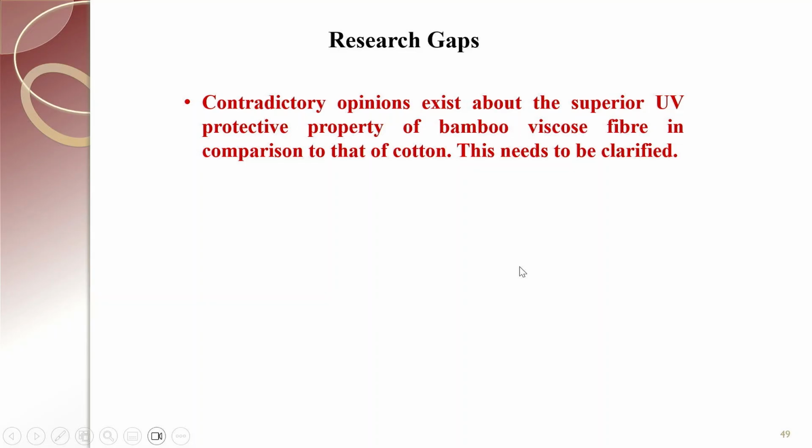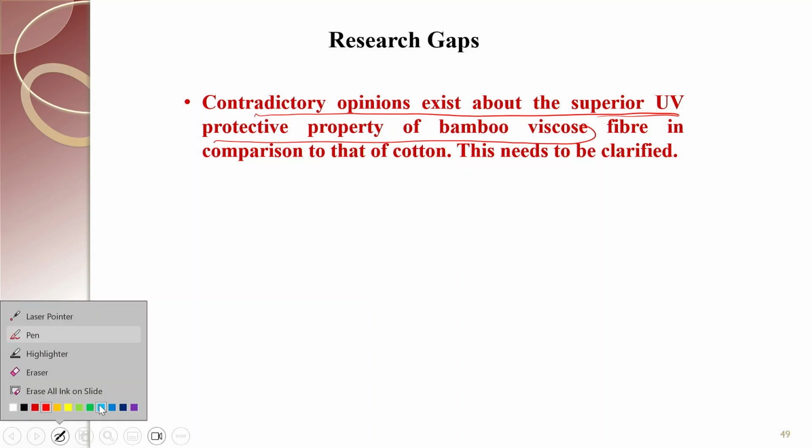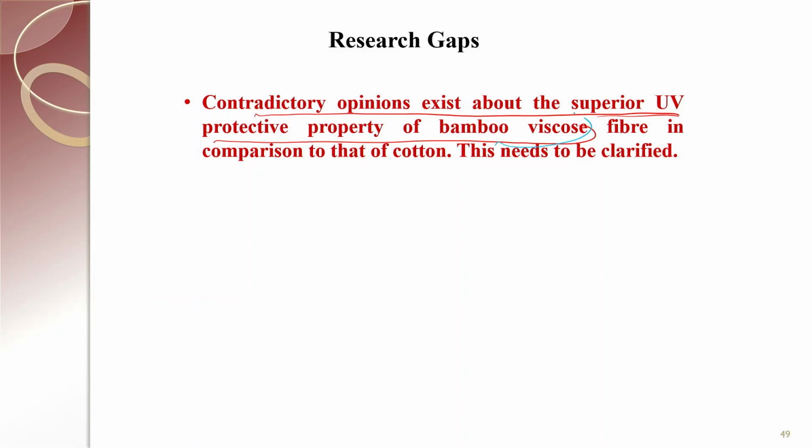Now, the research gap at that time was that contradictory opinions existed about the superior UV protective properties of bamboo viscose. Whether bamboo viscose fiber has very high UV protective properties or not, the research shows contradictory results as compared to cotton fabric.